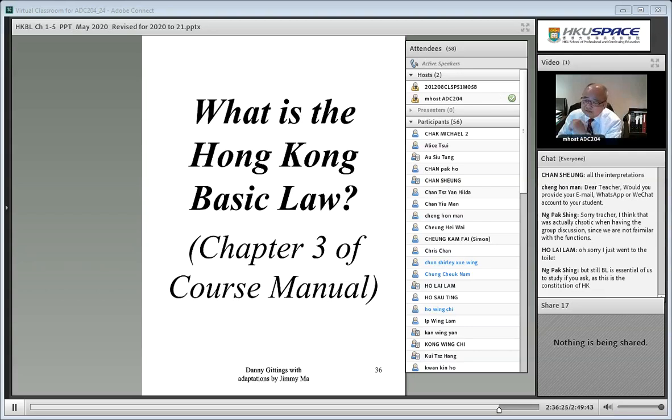I think Ng Pak Shing typed out something along those lines, and Patrick, your remark is similar to Ng Pak Shing's. I think you identify the importance of the basic law because of its status in our legal system. And Ng Pak Shing put it as essential for us because it's the constitution of Hong Kong.